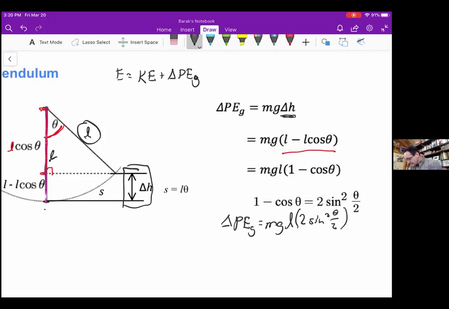Since I know that our angles are small, we can use what's known as the small angle approximation. That small angle approximation tells me that sine of x for a small x is equal to x for small x.